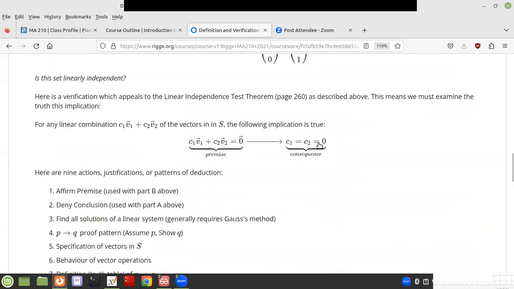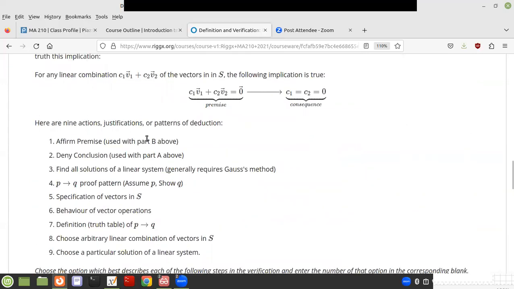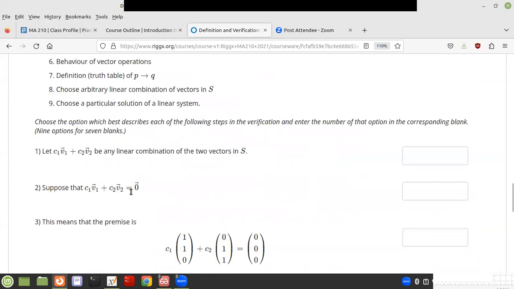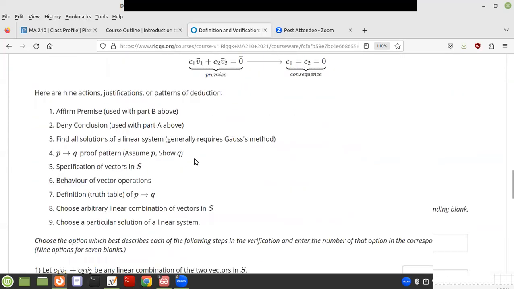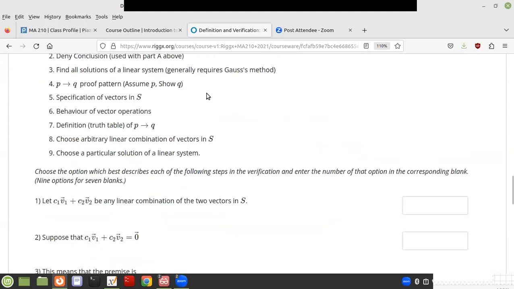And then if I had a proof, it would be something like this where I would give you justifications and go through. This is how you solve one of these problems, right? It would be, is this set linearly independent? So the answer to this question is a proof-like thing.